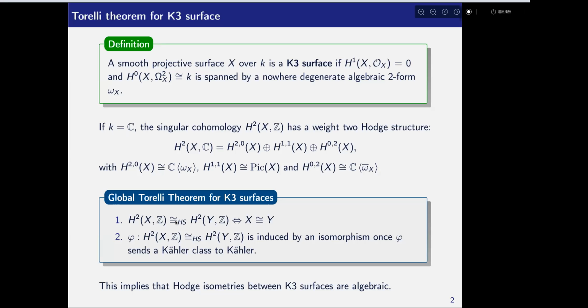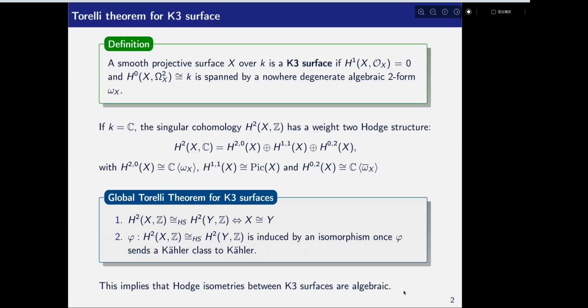So this is the global Torelli theorem, and one can make it more precise. If this Hodge isometry, which we call an integral Hodge isometry, sends a Kähler class to a Kähler class, then it will be induced by some isomorphism between X and Y. In other words, the global Torelli theorem is saying that the Hodge isometries between K3 surfaces are algebraic.